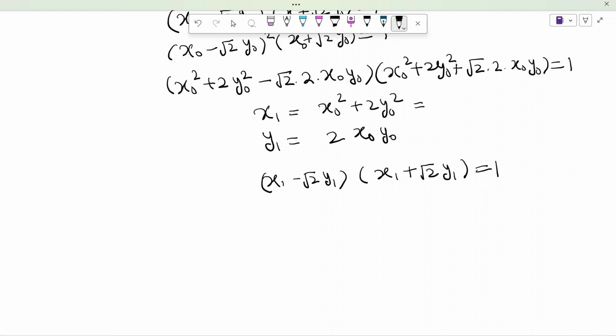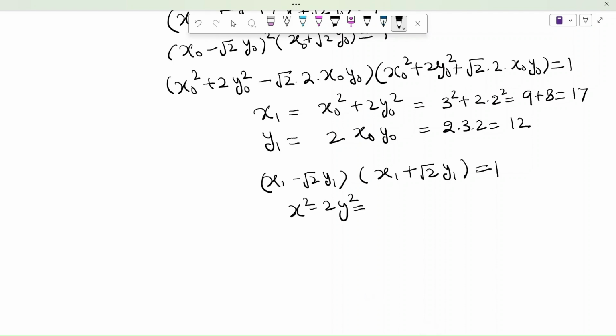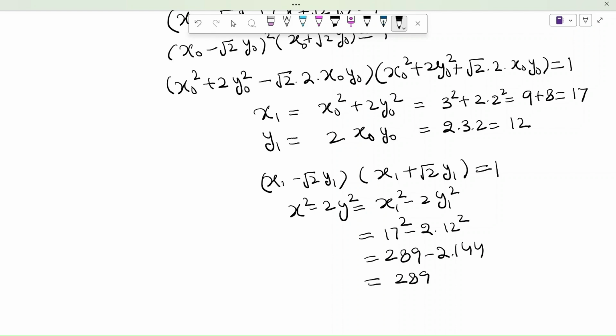So x1 is 3² + 2·2² = 9 + 8 = 17. And y1 is 2·3·2 = 12. Let's see if it works. x² − 2y² = x1² − 2y1² = 17² − 2·12² = 289 − 2·144 = 289 − 288 = 1.